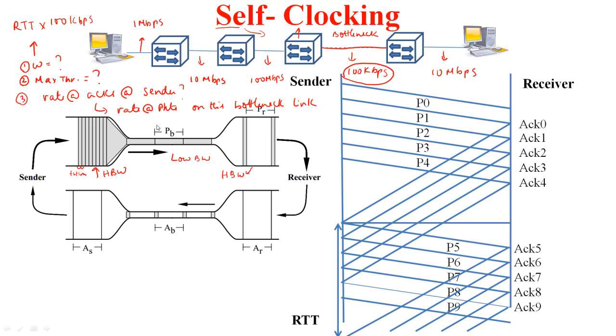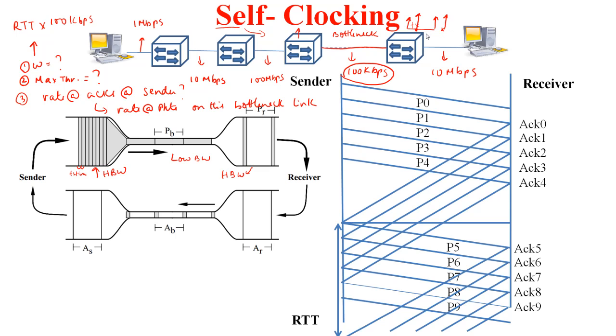Once these packets cross the bottleneck link and come to this high bandwidth router, the spacing between them is going to be dictated by the transmission time on this link. Whereas here you are going to transmit them fast. So this transmission may finish right here, and this transmission is going to finish here. So at the next host, these packets are going to come here.